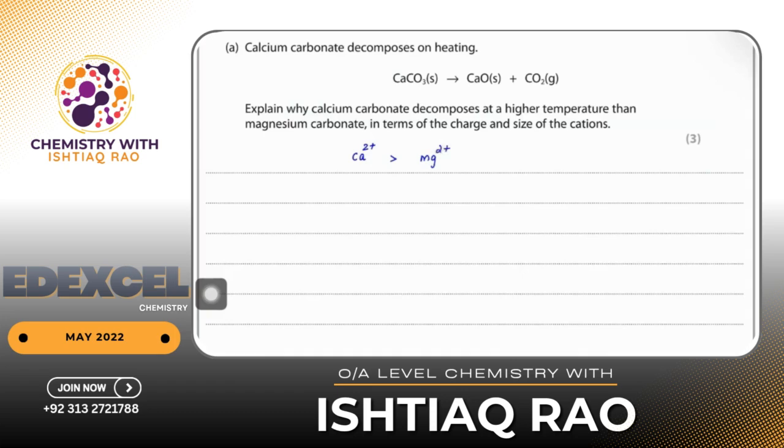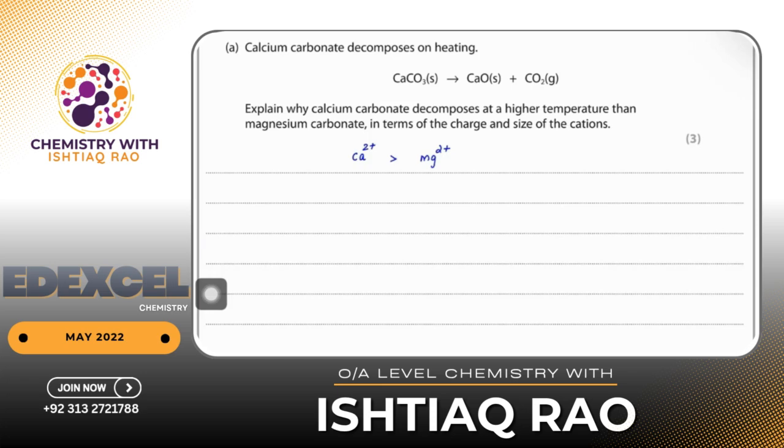Since the size of calcium is greater, it cannot polarize the carbon and oxygen bond. So a higher temperature is required to polarize the carbon and oxygen bond.